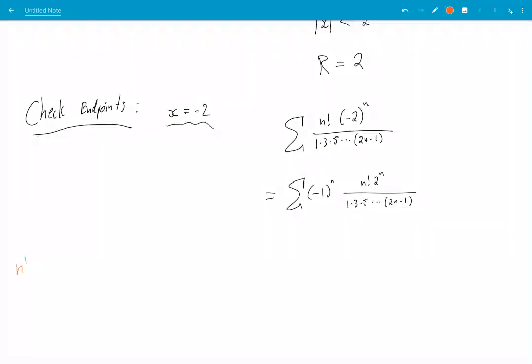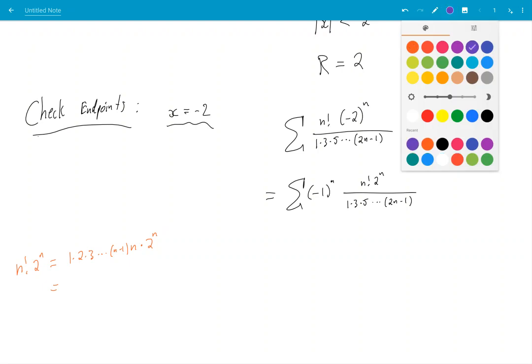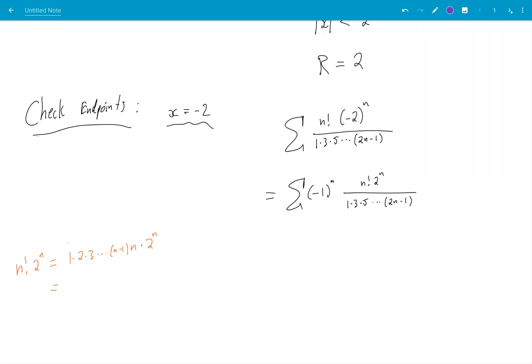Okay, what is n factorial times 2 to the n? I should think about that. That is 1 times 2 times 3, times n minus 1 times n, that's the factorial, and then times 2 to the n still. Okie dokie. Now here we have n factors.